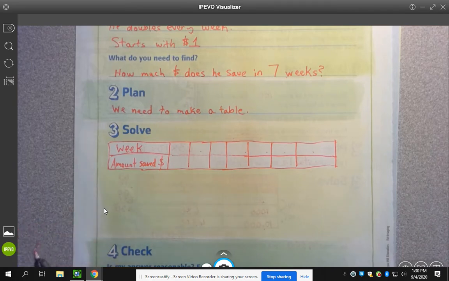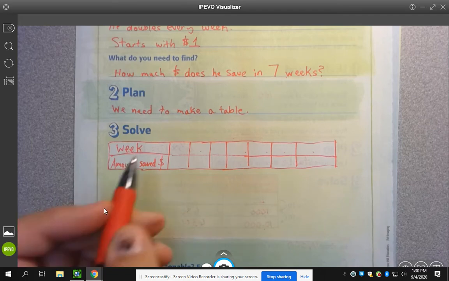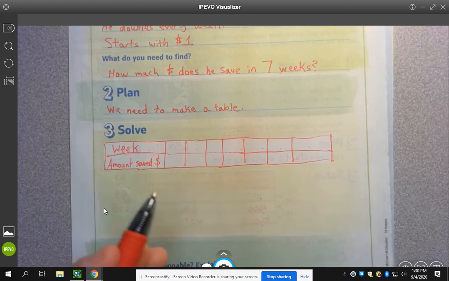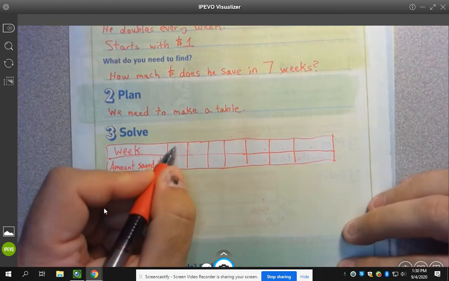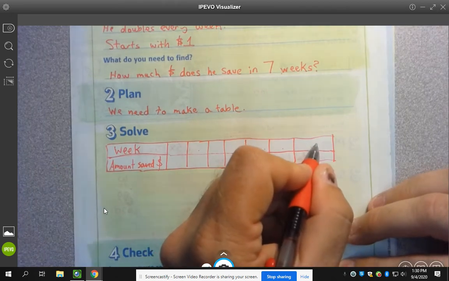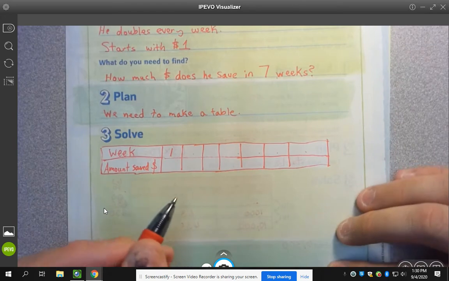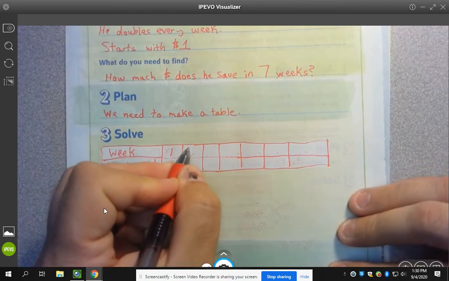That's the hardest part. Labeling is really the hardest part of it. What should we put above on this top row here? What do you think? It says week. Right here, 1. What should we put across the top of the others? 2.